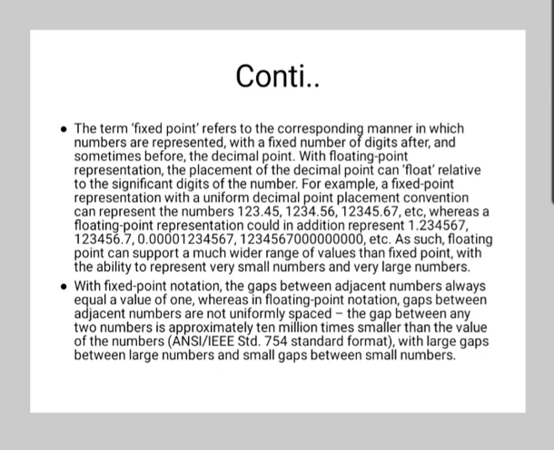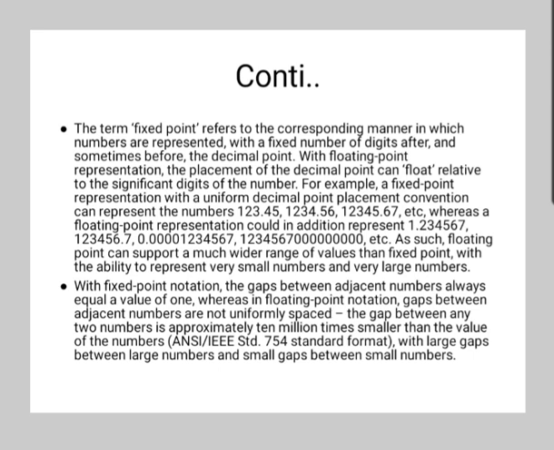For example, a fixed point representation with a uniform decimal point placement convention can represent numbers like 123.45, 1234.56, etc. Whereas a floating point representation could in addition represent 1.23456, 1234567, etc. As such, floating point can support a much wider range of values than fixed point, with the ability to represent very small numbers and very large numbers.